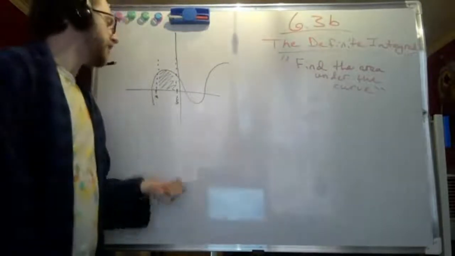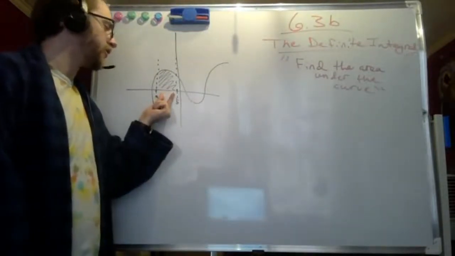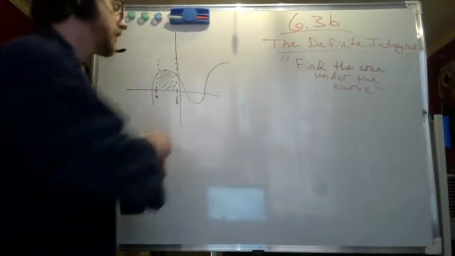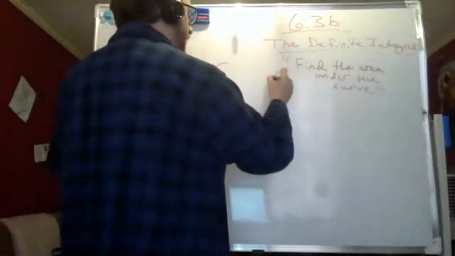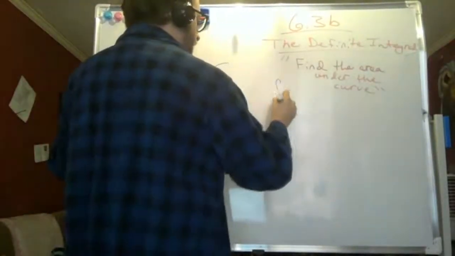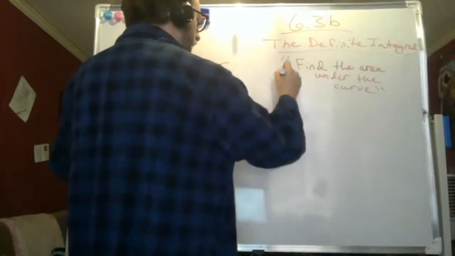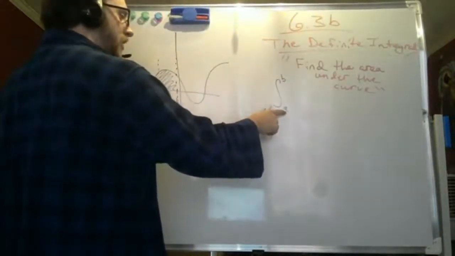So if I want to find the area under this curve from A to B, then I have to use what is called the definite integral, which we write as the integral from A to B. So I label the bounds top to bottom.